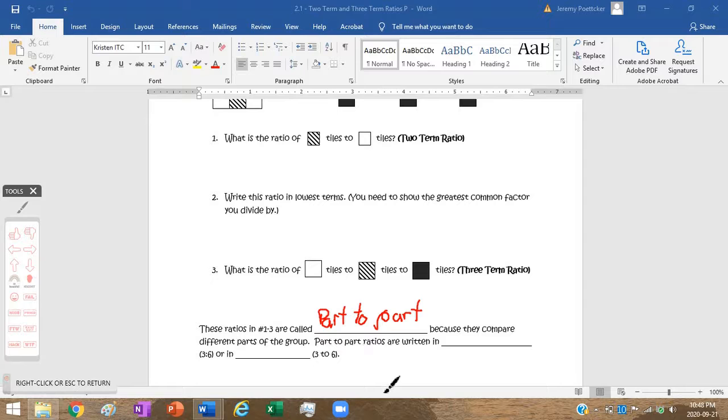Part-to-part ratios are written in ratio notation, or we can also write them in words. Or if you want to be really correct, word notation.